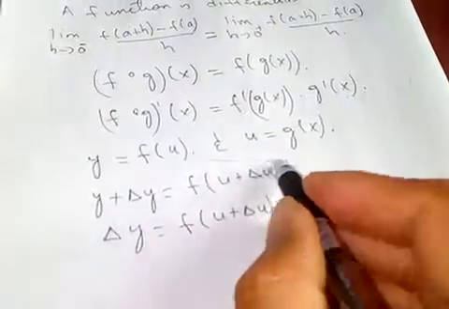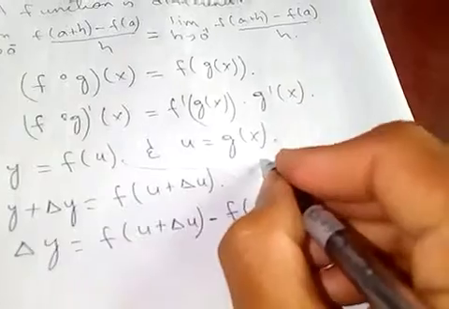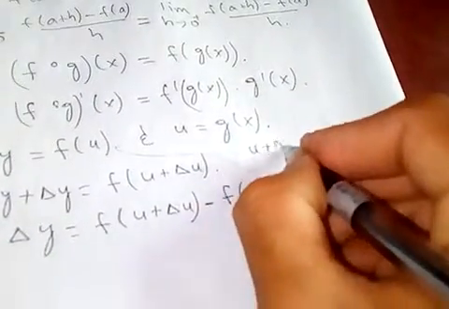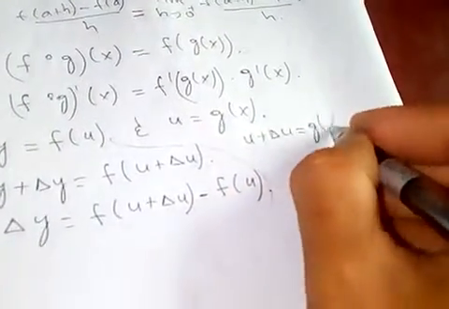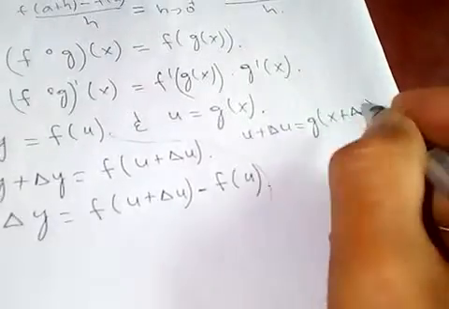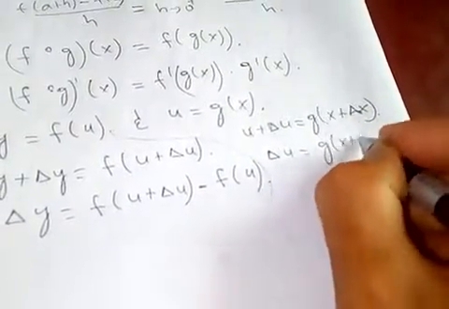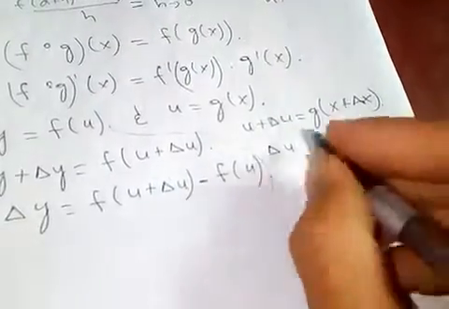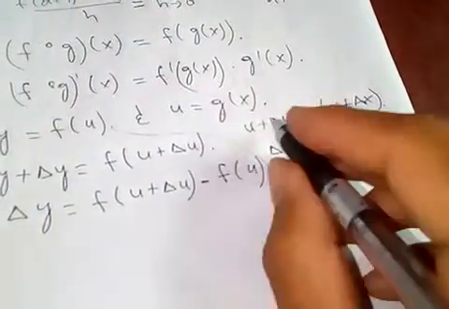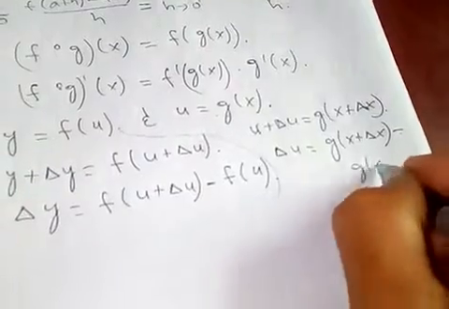This is one part. And u plus delta u is equal to g of x plus delta x. Then delta u is equal to g of x plus delta x minus u, where u is g of x.